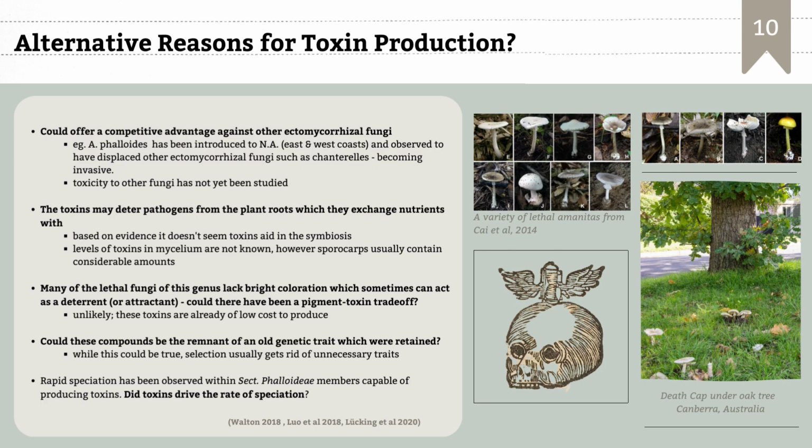Maybe there are some alternative reasons that could have led to the production of these compounds. Maybe they offer a competitive advantage against other ectomycorrhizal fungi. For example, Amanita phalloides, which is the death cap, has been introduced to North America in the east and west coasts, and it's been observed by people in some cases to have displaced other naturally occurring ectomycorrhizal fungi, such as chanterelles.